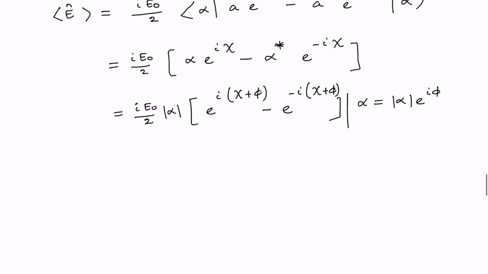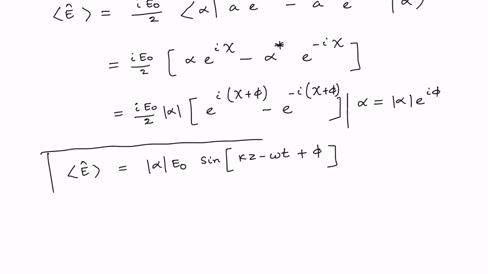This results in mod alpha E0 sine of (kz minus omega t plus phi), where chi is equal to kz minus omega t. So this is the expression for the expectation value of the electric field in the coherent state.